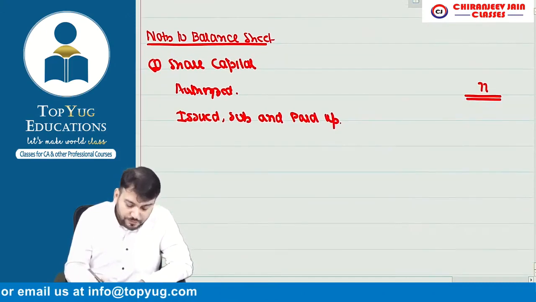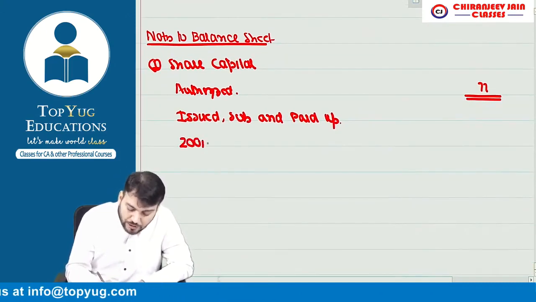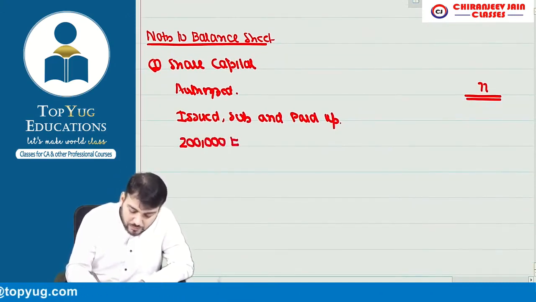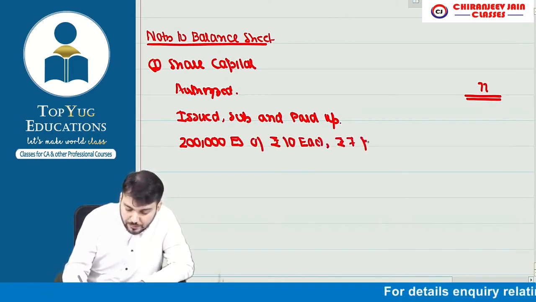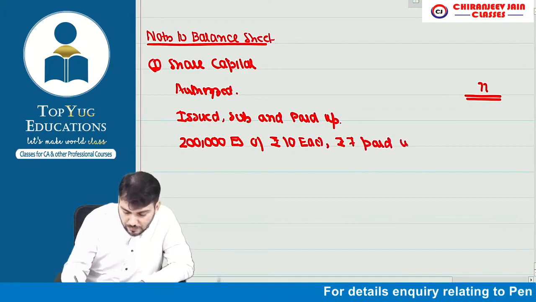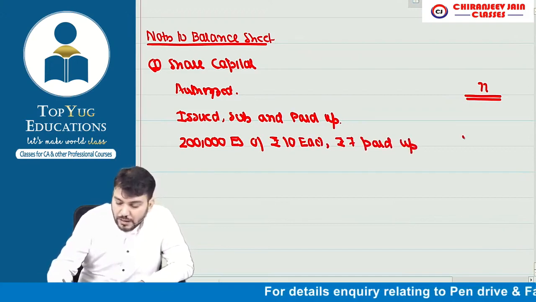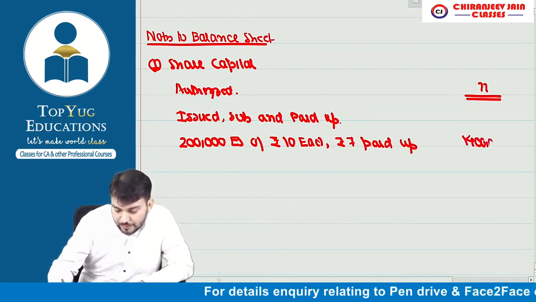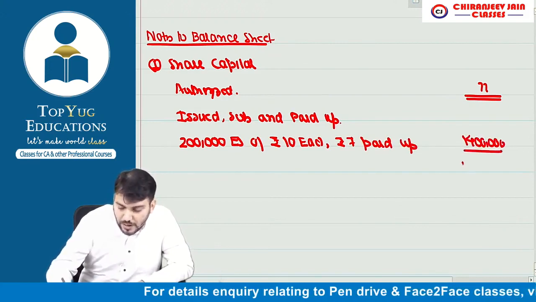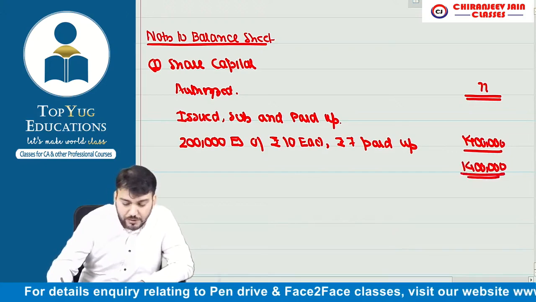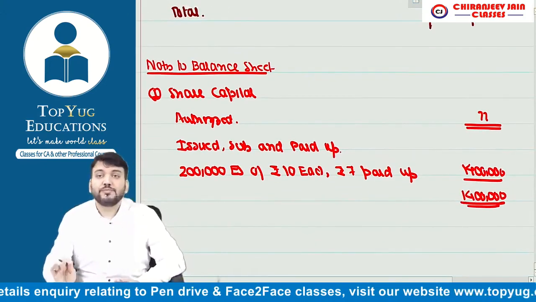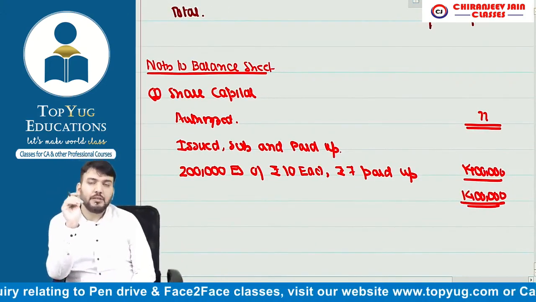So this is 2 lakh equity shares of rupees 10 each, rupees 7 paid up, that is 14 lakh, and the balance sheet is done. Correct. Have you understood the entire thing?